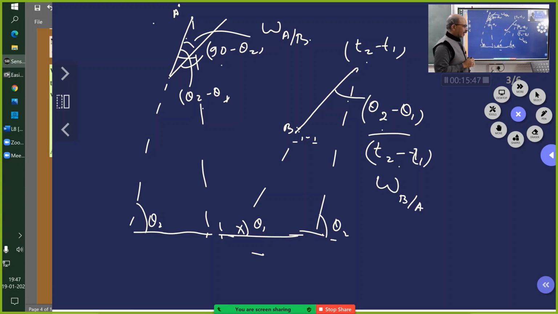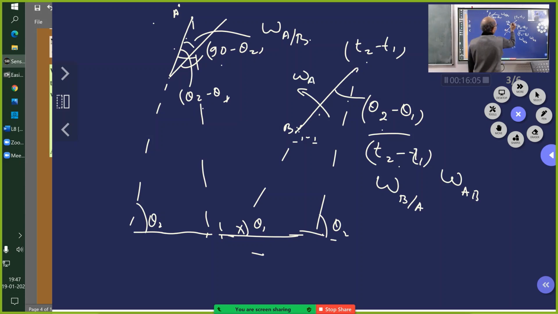Okay. Next, we have to prove omega of the line AB. That is, this line itself has moved here. That is, this itself is moving with omega. So what will you do?